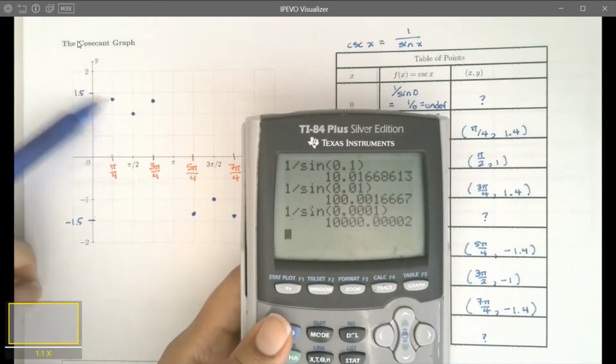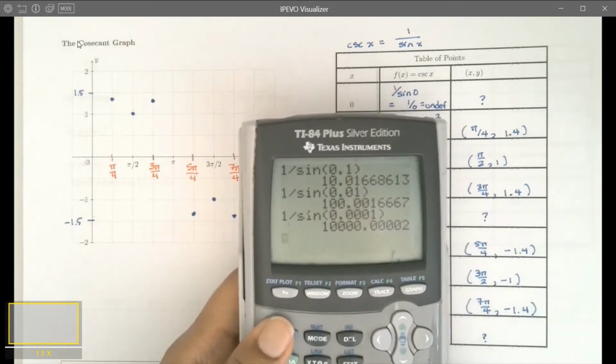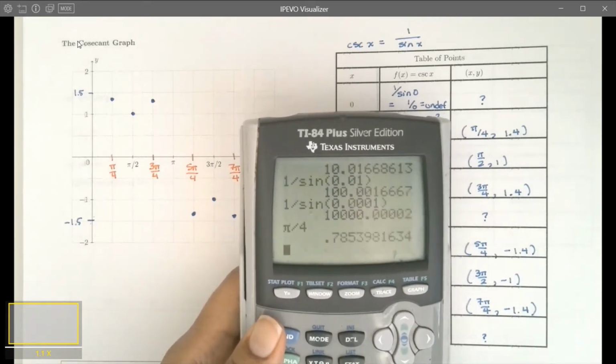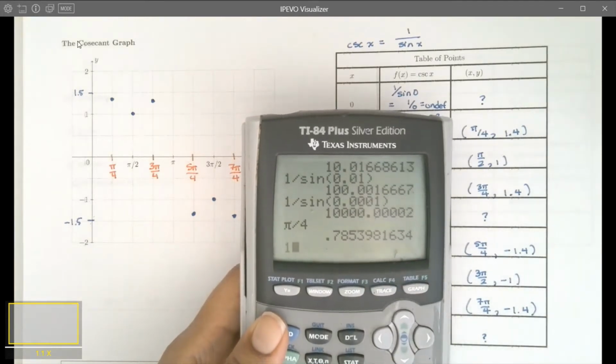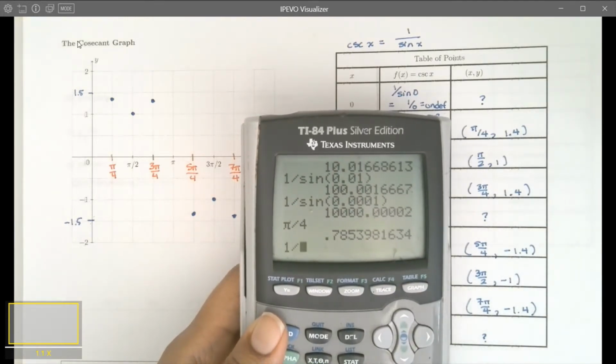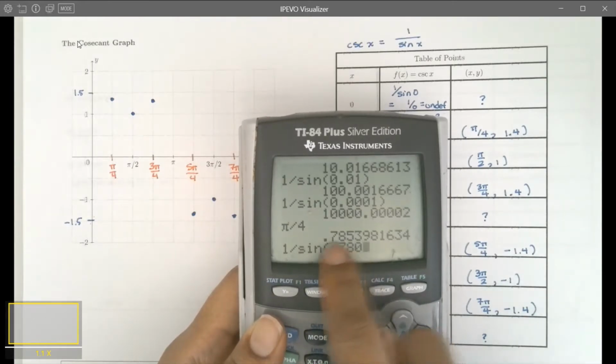And then as we go away from 0, we're going to start coming down to this value that we found of 1.4. And just to prove it to you, let's test something that's close to pi over 4 but less than it. Pi over 4 gives me 0.7853. So let's test what happens at 1 over sine of 0.78, which is less than pi over 4.